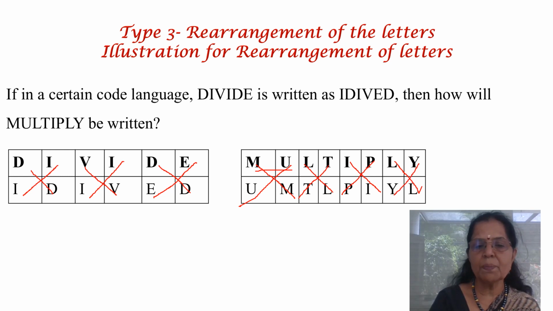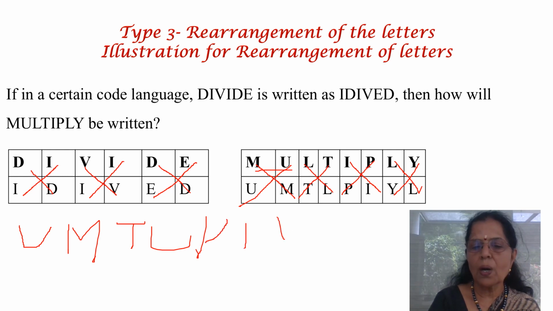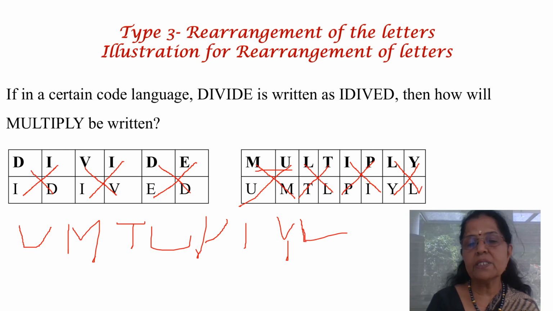So how is the word MULTIPLY written? U M T L P I Y L. So the word MULTIPLY is written as UMTLPIYL. Got it? So always look for the pattern.